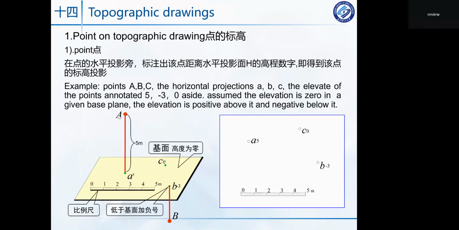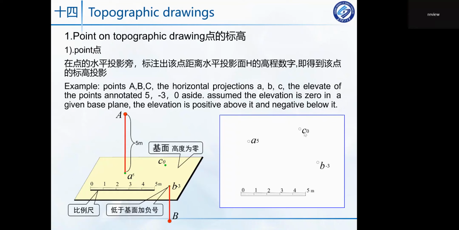That is the elevation of A, and how to represent point A in the top view, you can see on the right side. You can use A5. It means this point A has an elevation of 5 meters.